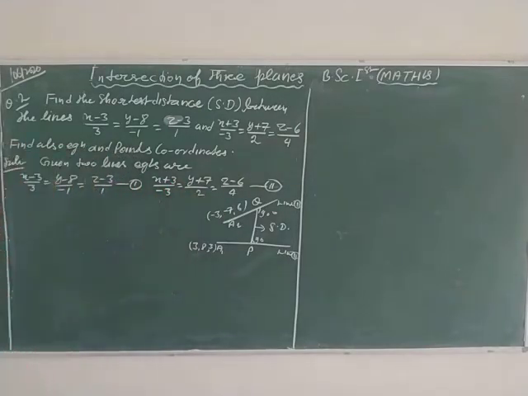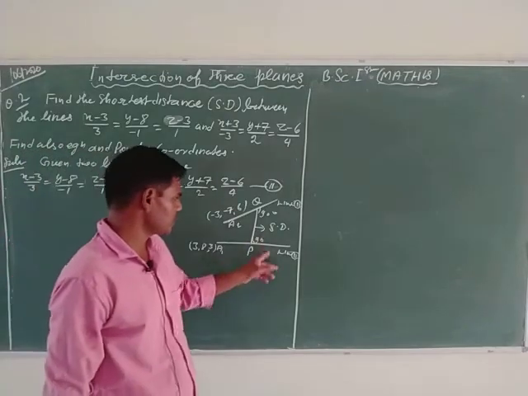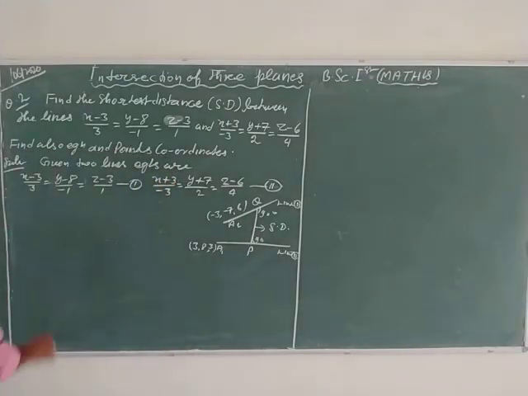So first calculate the coordinates of capital P. Here suppose that point P is the intersecting point of the shortest distance line and the first line.